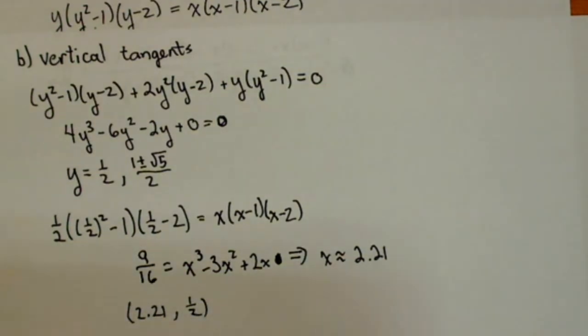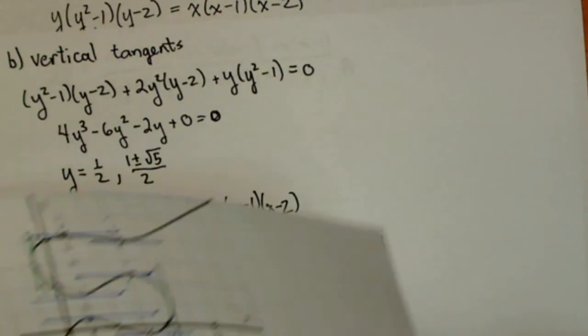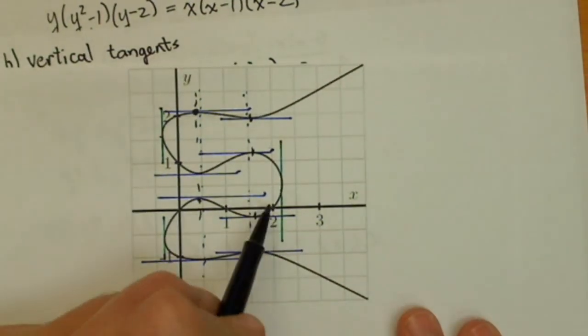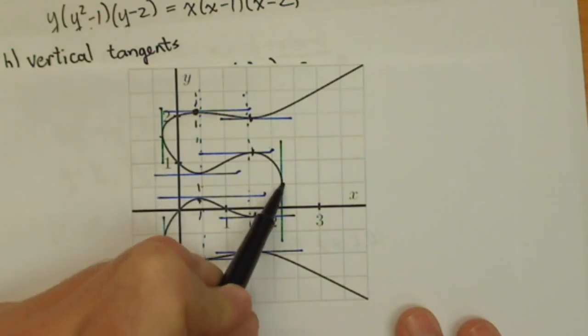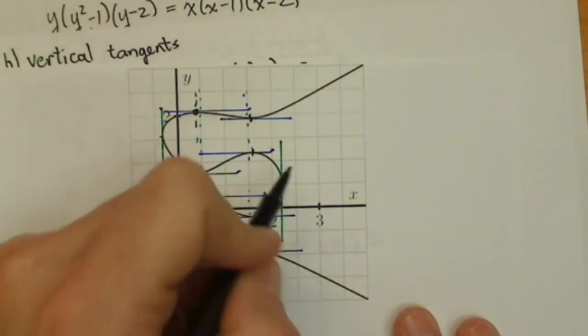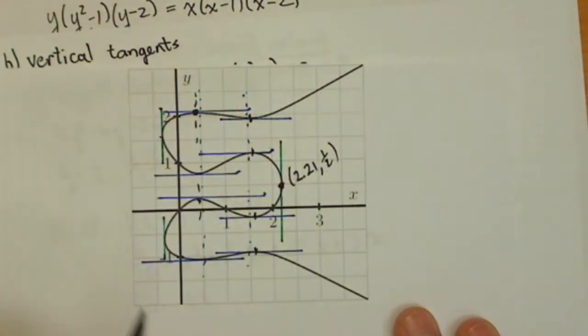Let's see if that corresponds to what we have here. We see that x is a little bit larger than 2, and we see that the y is at 1/2. So there's our point right there, (2.21, 1/2).